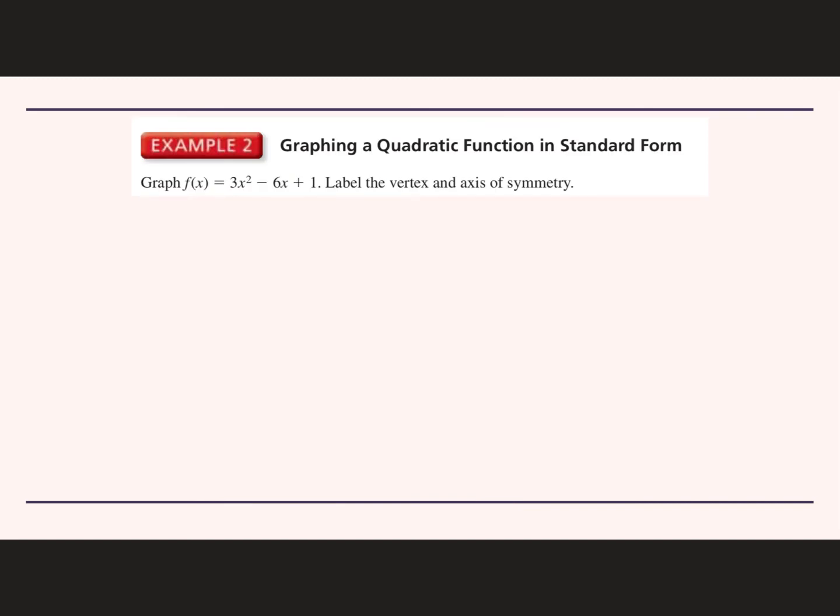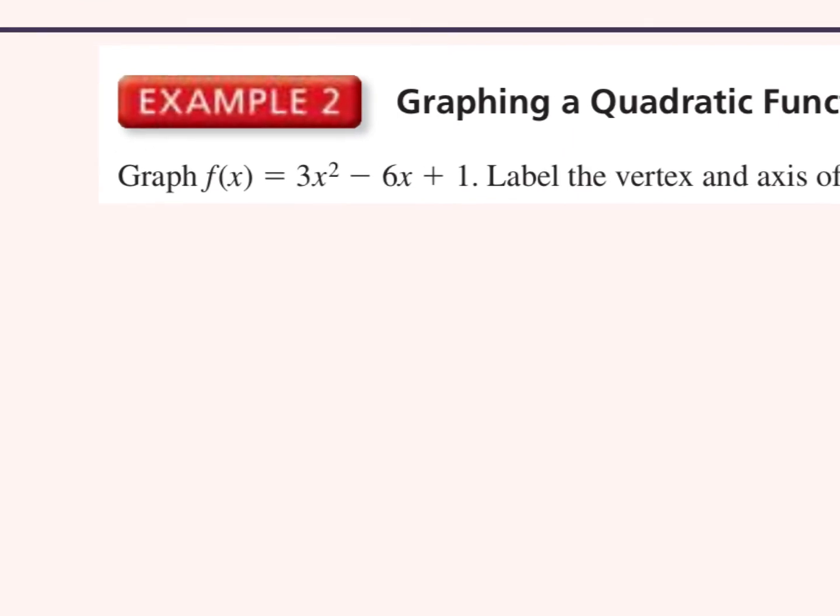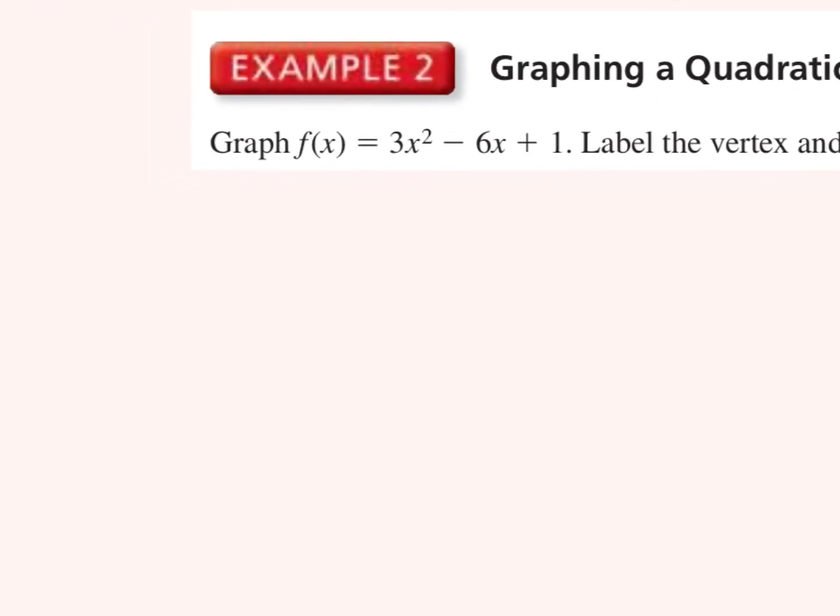All right, example 2, we're going to graph a quadratic function in standard form. So if it gives us standard form, we're going to do what we did on the first slides and find the vertex first. So our vertex formula is -b over 2a. That's how we find the h. What's my a here? 3.